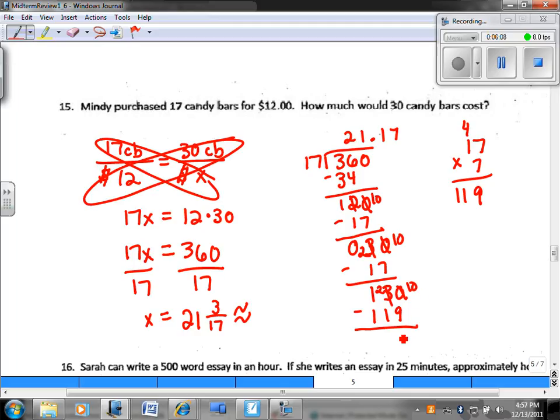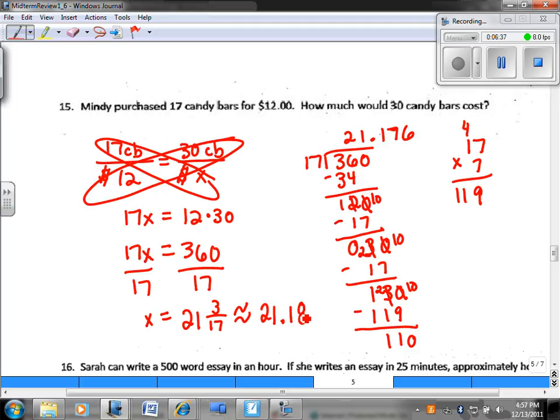So 9 from 10 is 1. 1 from 2 is 1. We're still not done here. Let's do one more to see whether this would round up or not. So we're going to bring this down. And we know from here that this would be a 6. It's not going to be exact. It would be 21.176. So it would be approximately 21.18.